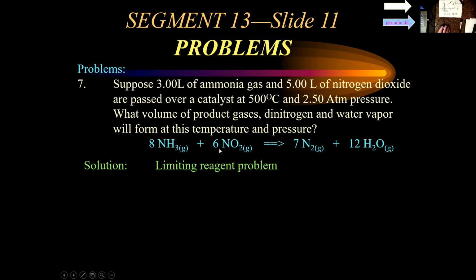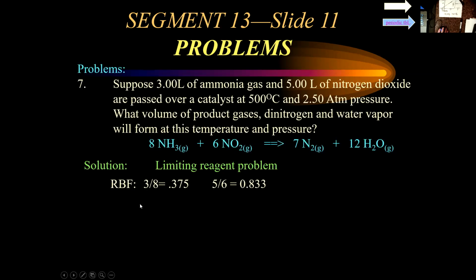I've got two amounts given. That's a limiting reagent problem. So the amount of ammonia is 3 moles. I put that over there. The amount shown in the equation is 8, or 3 liters and 8 liters. And divide them out, I get 0.375. That's the rebalancing factor based on ammonia. I put 5 liters of NO2, 5 over 6, and that gives me 0.833. The limiting reagent then is the ammonia, 0.38.